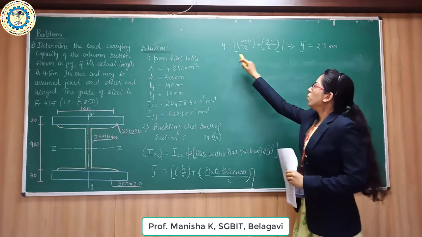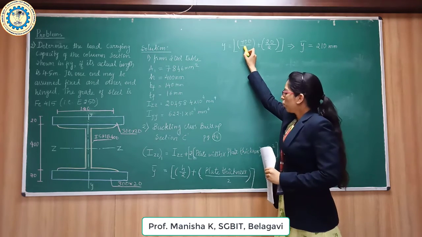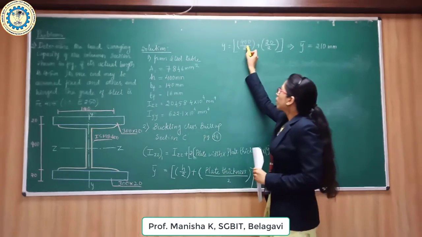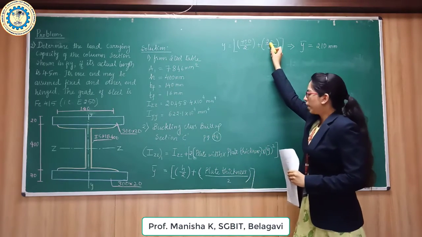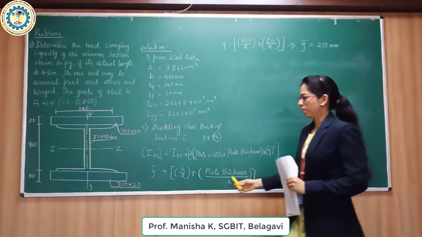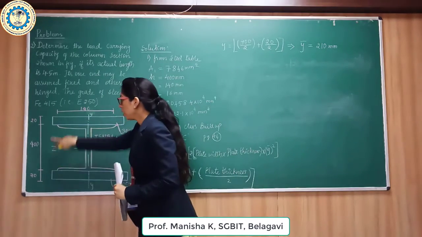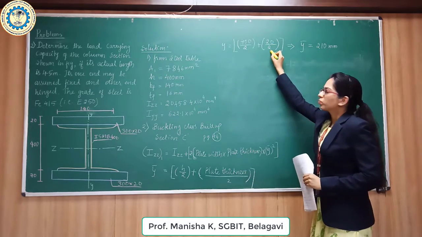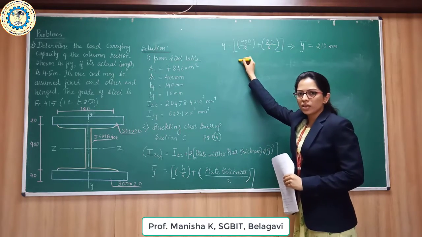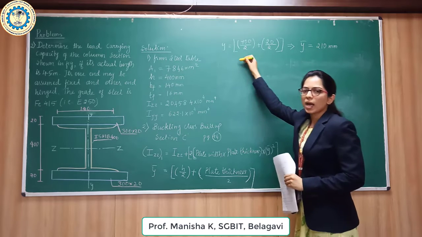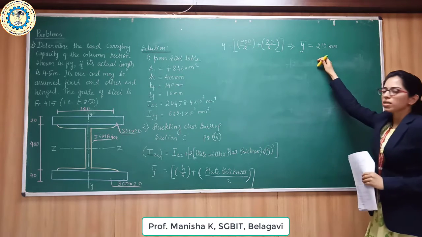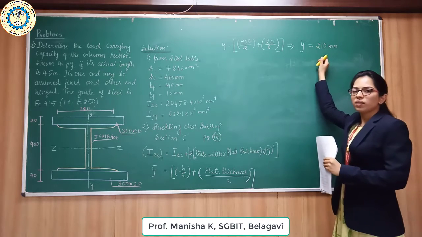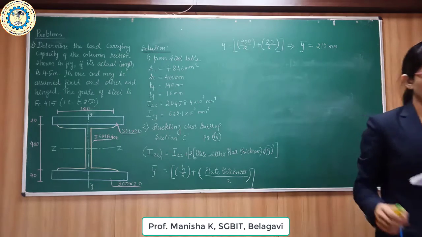Now Y bar, what is H? Height of the column, that is 400 divided by 2 plus plate thickness. Plate thickness is 20 mm, that is 20 by 2. Substitute these values in Y bar formula and calculate the answer, that is Y bar is equal to 210 mm.